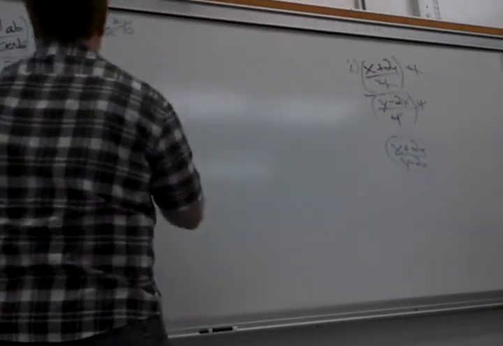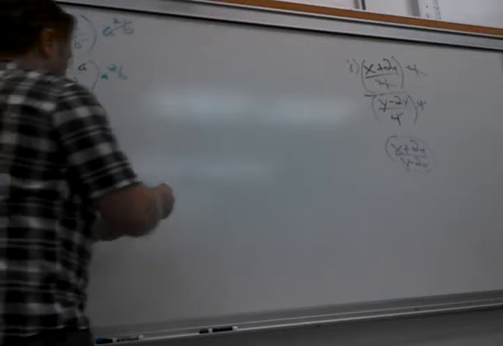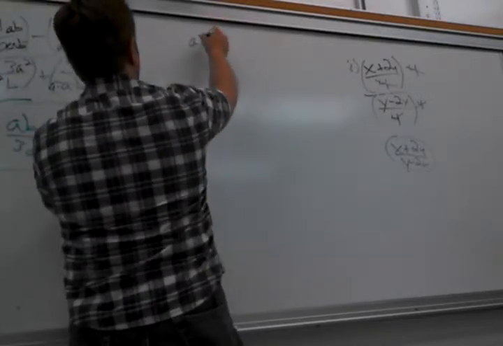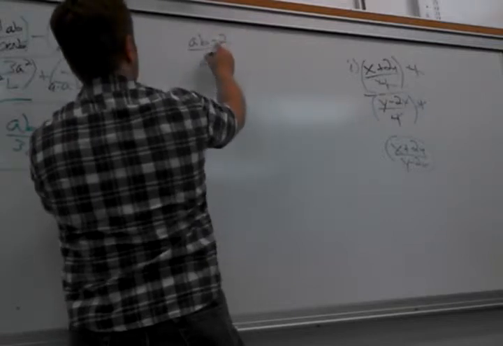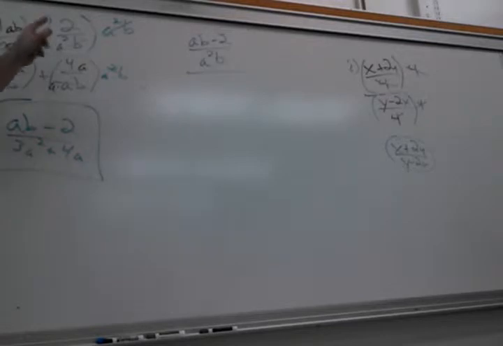So the other way to do this, this is done here, because nothing really will cancel anywhere. I can't factor the top at all. So I know it's done. If I take what I've got right now, I've got (ab − 2) over a²b. Let me stop right there. Can you guys see that from the top? We made all the bottoms the same.